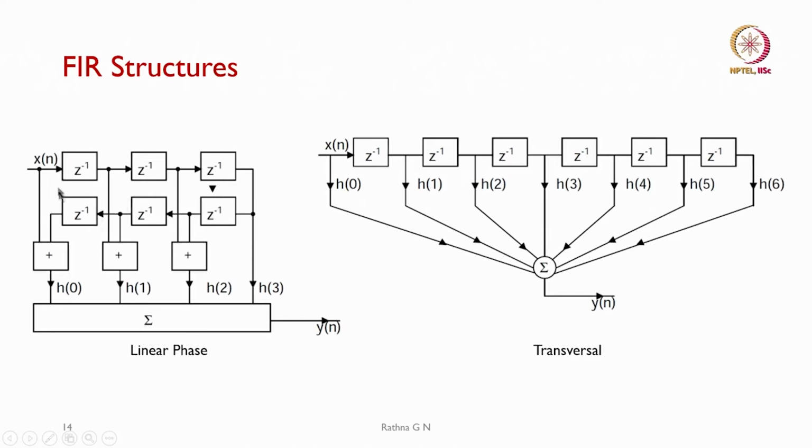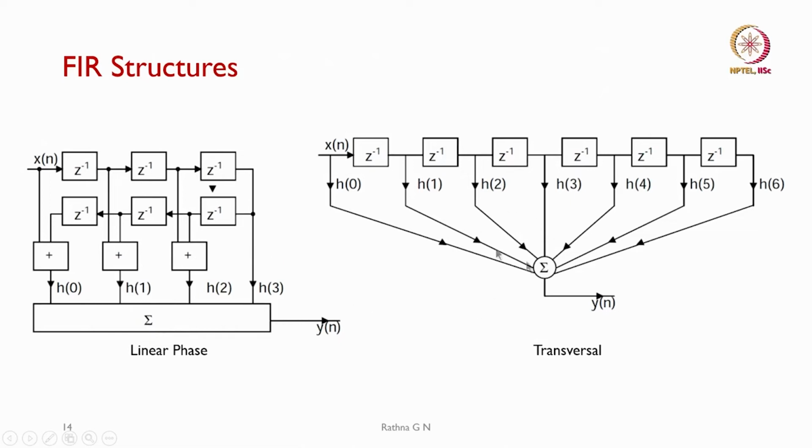So, x of n and x of n minus 6 are combined and then multiplied with h of 0. The same way you can calculate which ones get multiplied, and then you sum up, and you will get a linear phase.